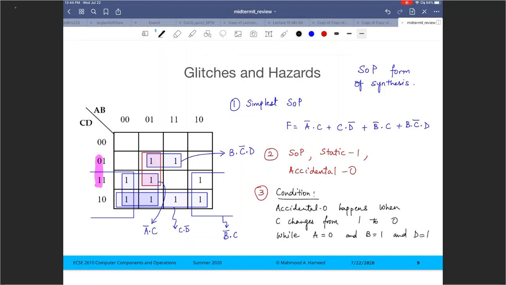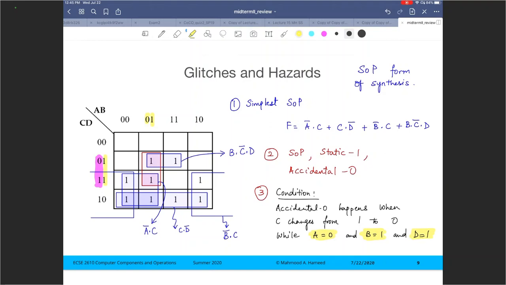So that's essentially how you would state the condition where the accidental 0 happens, right?